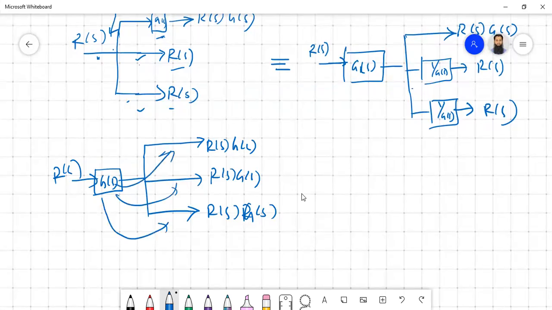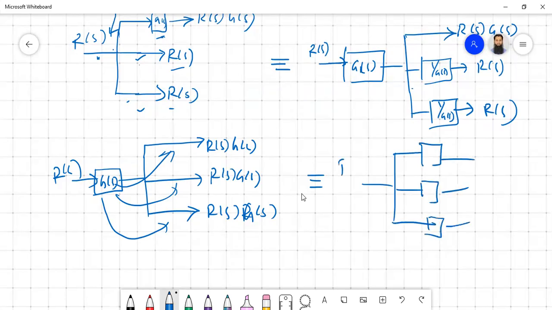So we can easily move it to all three branches, which is actually easier compared to the previous one. You will have the gains in each branch, something like this. So this movement of the blocks will help us find similar or familiar forms, so that we can easily apply our formula.